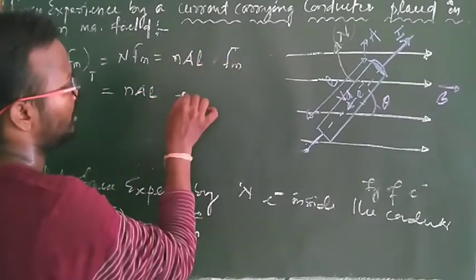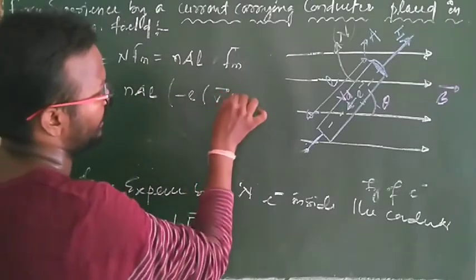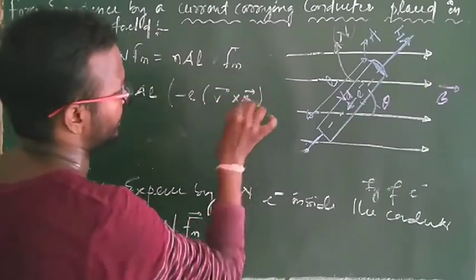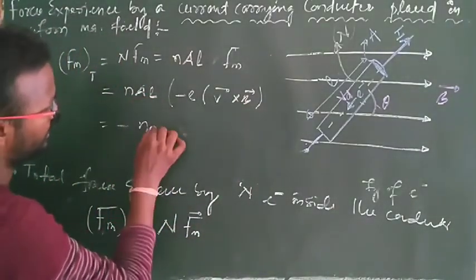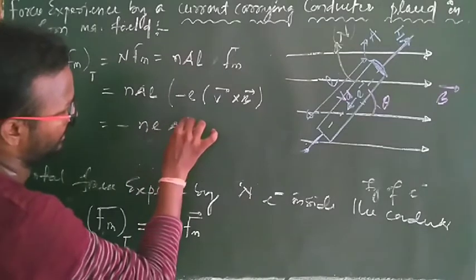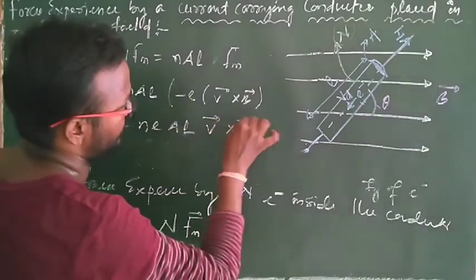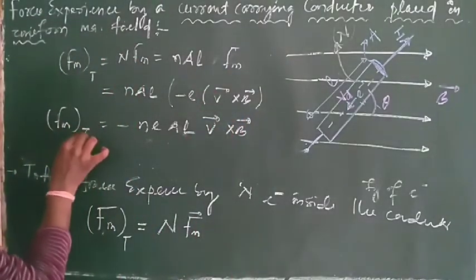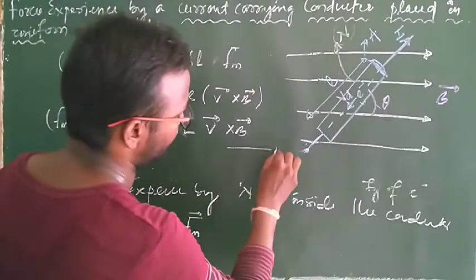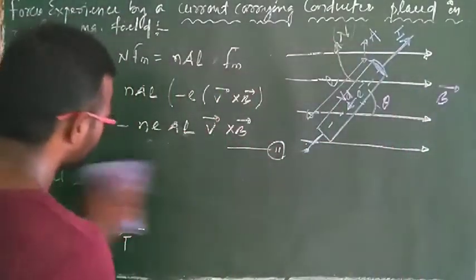Fm equals minus e into V cross B, or you can write that as n e A L into V cross B. That is the total force experienced by all the electrons inside the conductor. This is equation number 2.